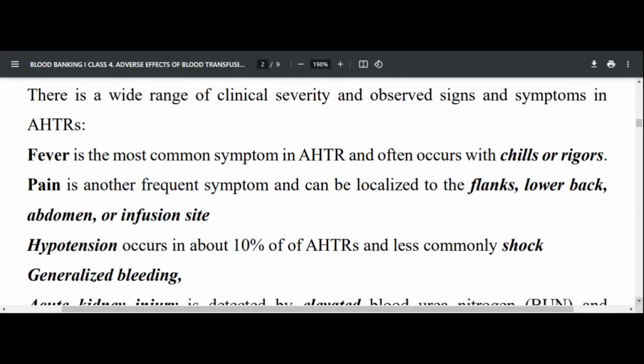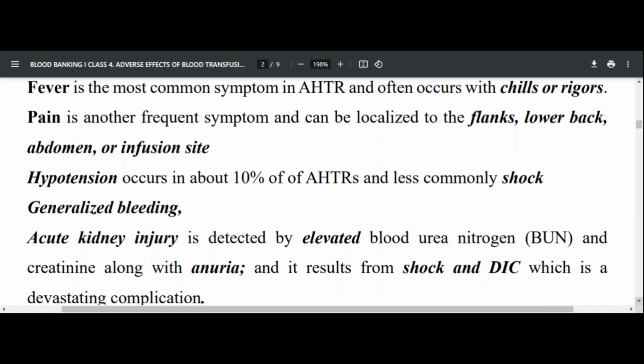Hypotension is another significant symptom, and sometimes the patient will also experience shock as well as generalized bleeding. Acute kidney injury is another symptom, detected by elevated blood urea nitrogen, BUN, as well as creatinine, along with anuria, and also shock and disseminated intravascular coagulation.